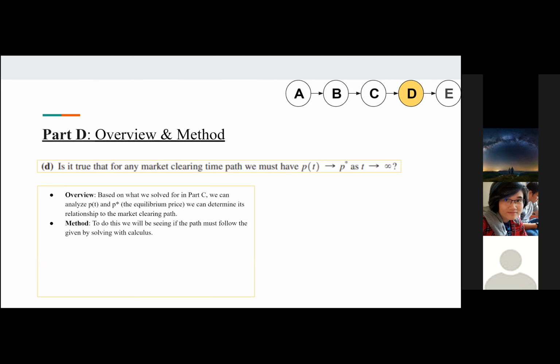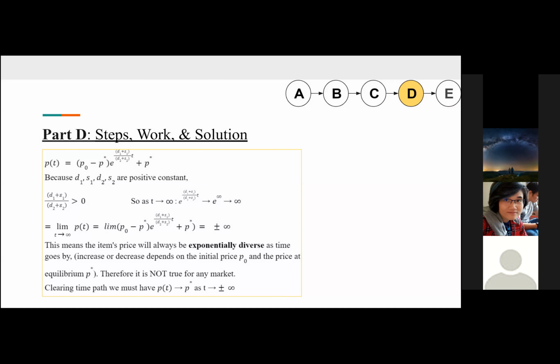In the next slide, we're trying to understand if it's true for any market clearing time path that P(t) must approach the equilibrium price as time approaches infinity. To do this, we take the limit of our function. By taking the limit, we see that as t approaches infinity, e approaches infinity as well.